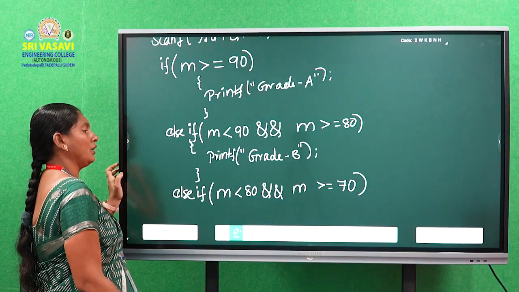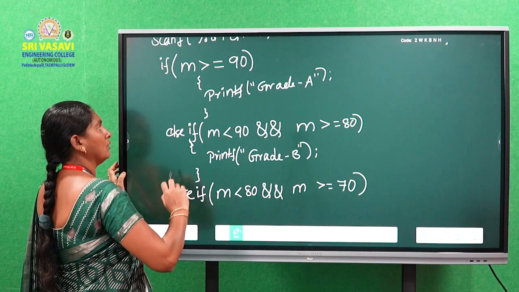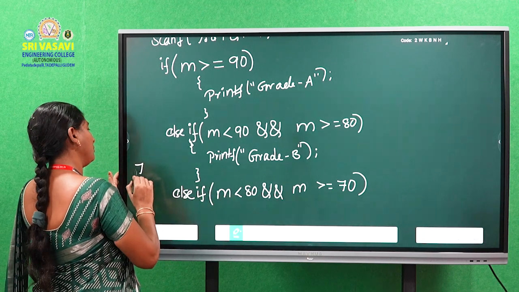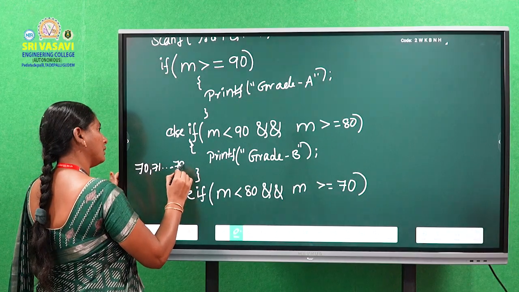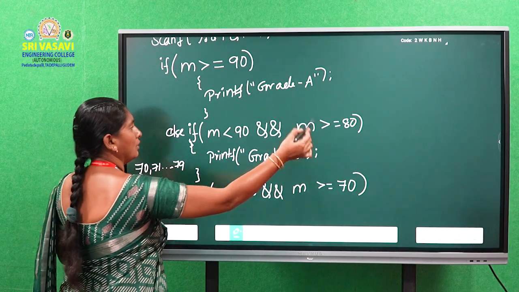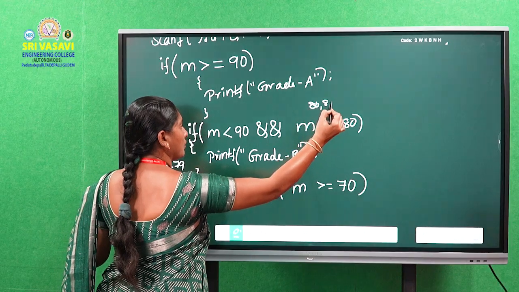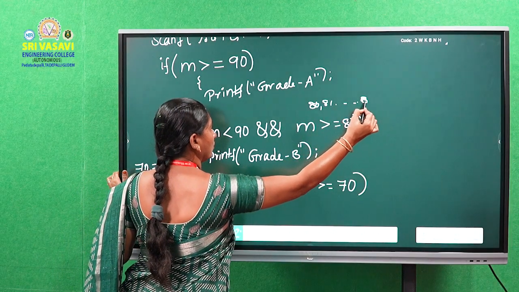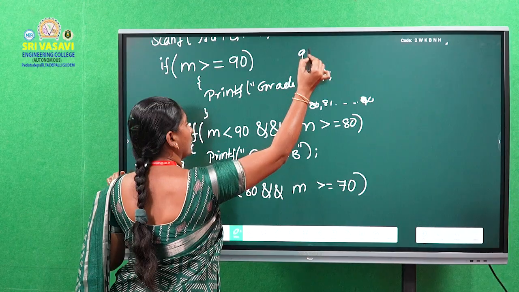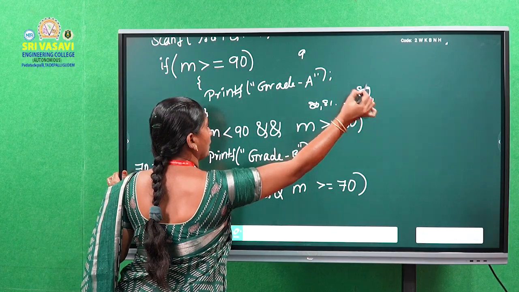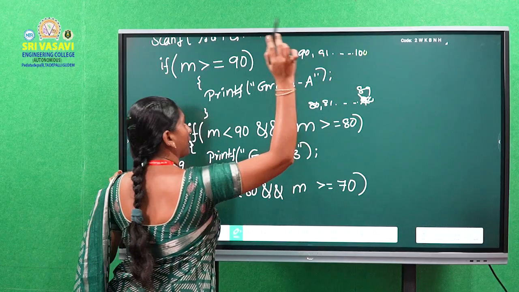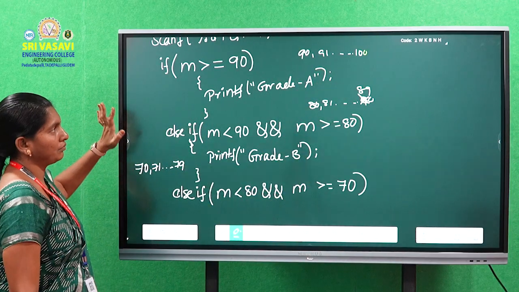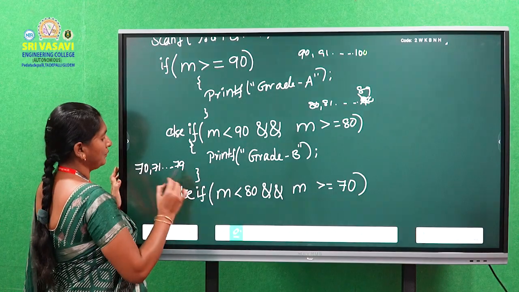What does it mean? The marks are from 70, 71 and so on up to 79. Here 80, 81 and so on up to 89, 90 not included. Here 90, 91 up to 100, if the marks are out of 100.